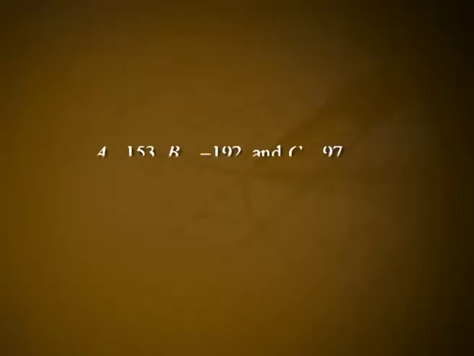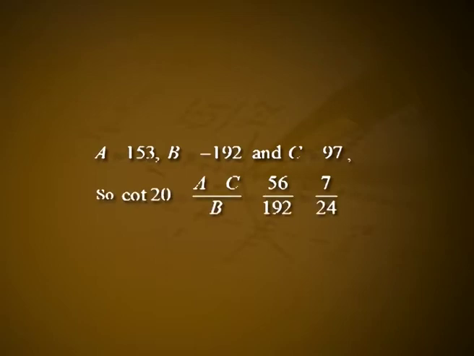We have A is equal to 153, B is equal to minus 192 and C is equal to 97. So, cot 2 theta is equal to (A minus C) by B is equal to 56 by 192, which is equal to 7 by 24.